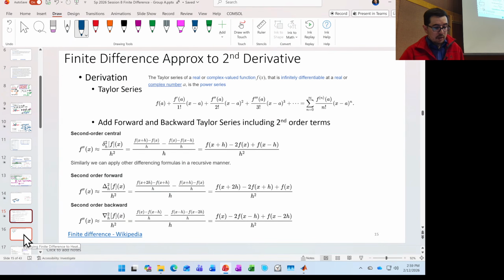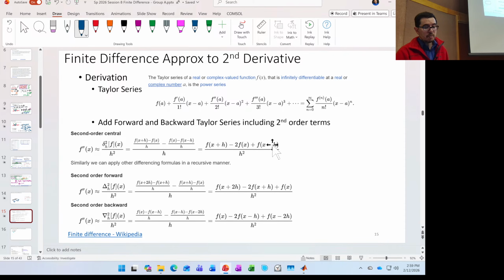Okay. Now, the second derivative can also be approximated by applying the Taylor series again. And you can add the forward and the backward terms with these second order terms to get these values.